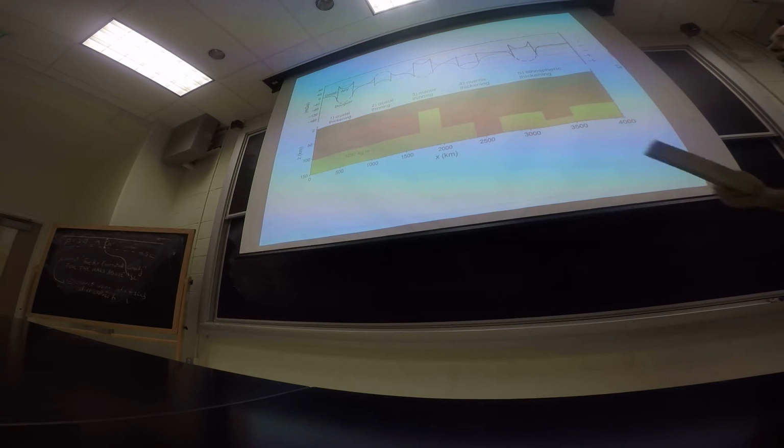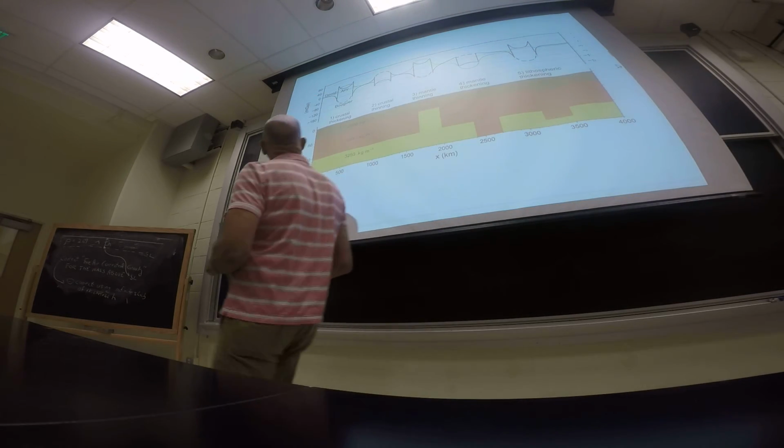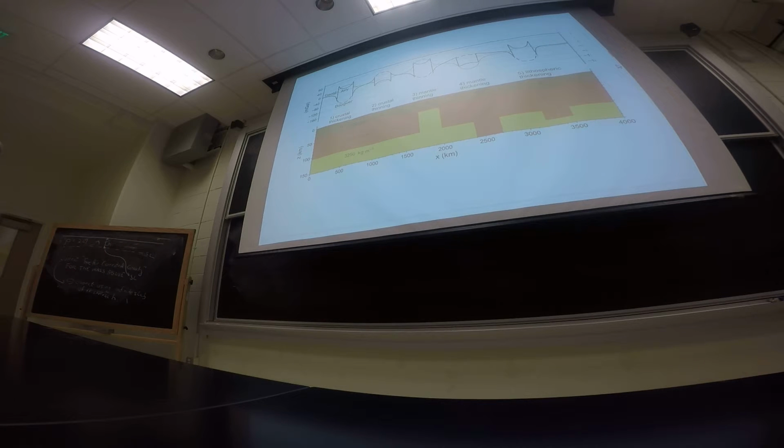Okay. Now incorporate geoid, but also look at Bouguer. So why is the Bouguer anomaly there? Negative. Yeah, well, there's not rock above.